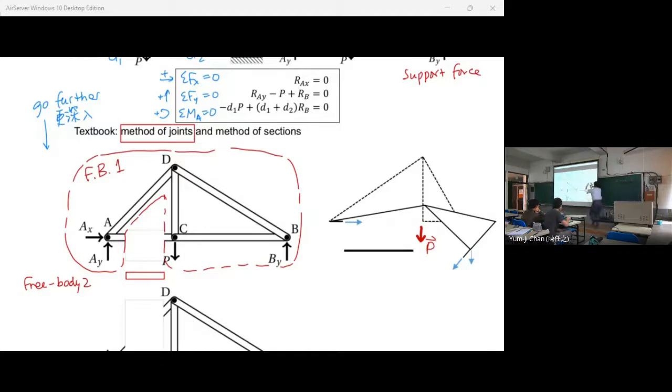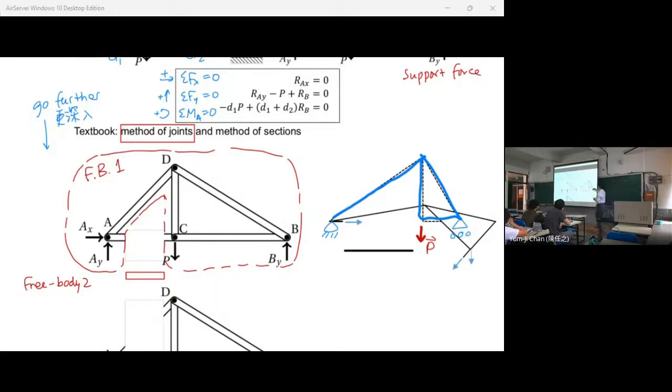Originally we have this one, with a pin joint and a roller joint.